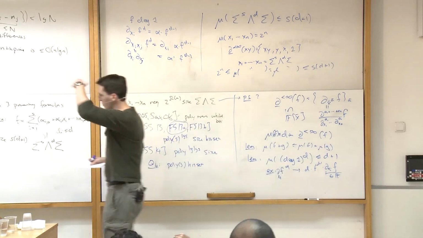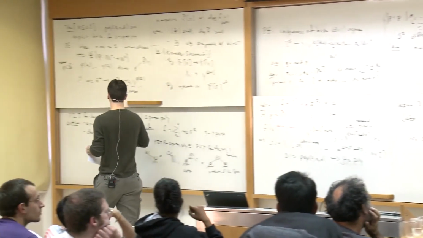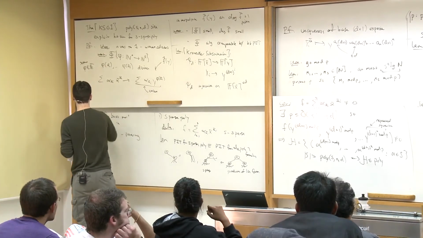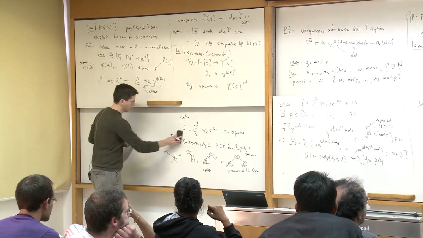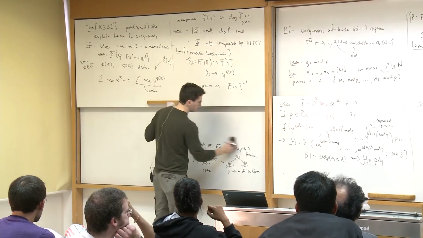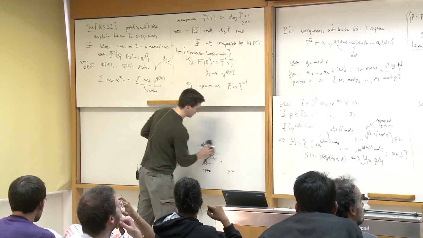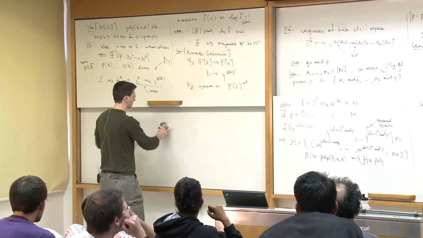Okay, and then you put it all together and you get the result. So I'm belaboring this point because I want to emphasize how you can, not directly, but heavily use this lower bound to get a structural result, and then from that structural result you get your identity testing algorithm.